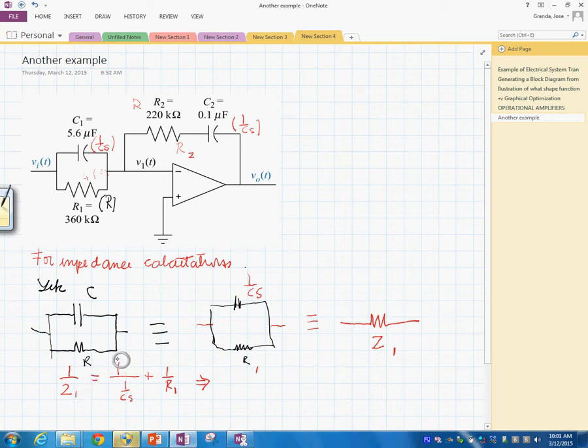So let's find the value. This would be 1 over Z1 is equal to CS, like this, plus 1 over R1.